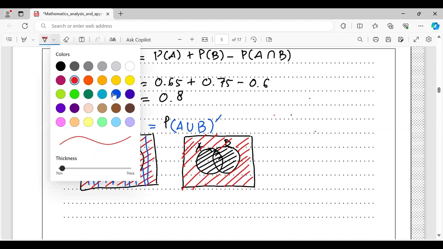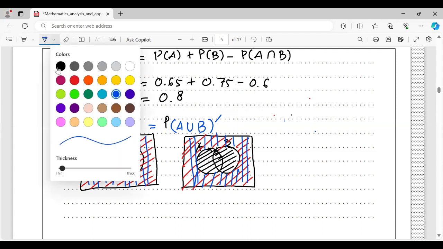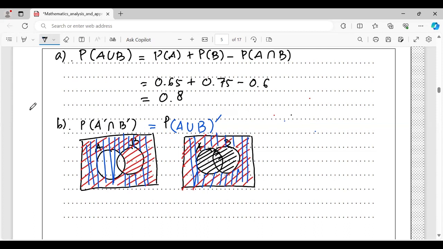Pay attention to the shaded area. This area is non-(A union B). Okay, so how do we calculate the probability?